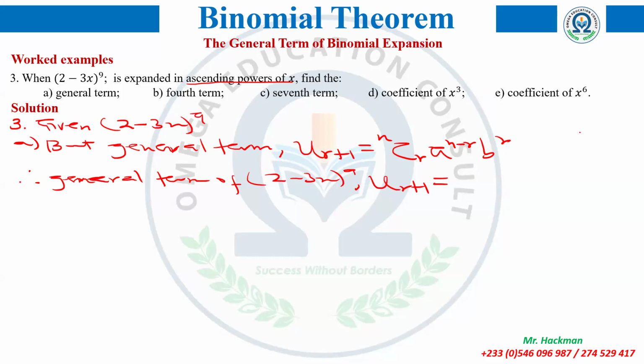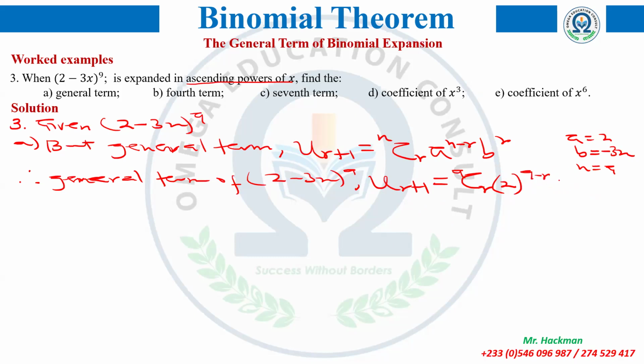If you compare, let's do that as rough work. If you are mature, rough work will not be necessary. a will be equal to 2. What will be b? Minus 3x. Very good. Then what will be our n? 9. So we get 9 combination r, then your a, which is 2, to the power 9 minus r.